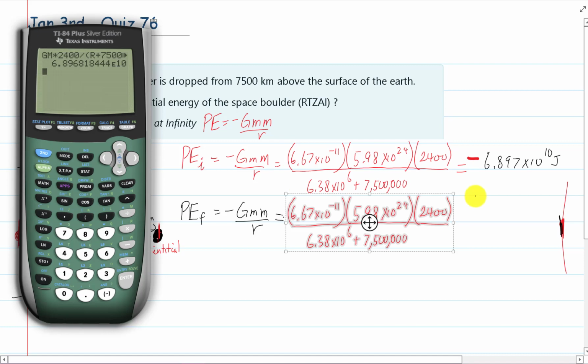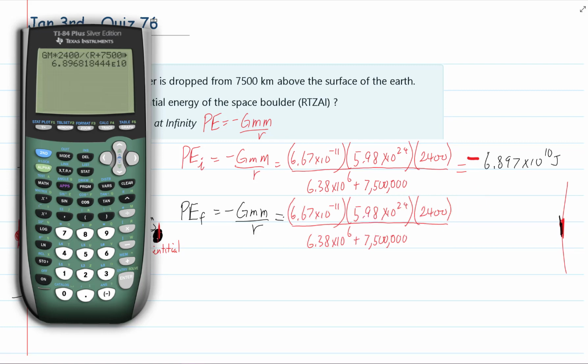But this time, we don't include that height because it's on the surface of the Earth. So we don't have to do it above. It's the same constants above, the mass of the Earth, mass of this rock. So I'll just take this previous done number and go over here.